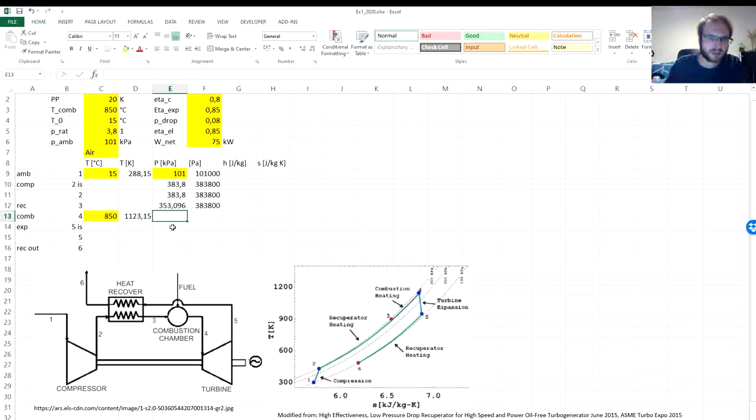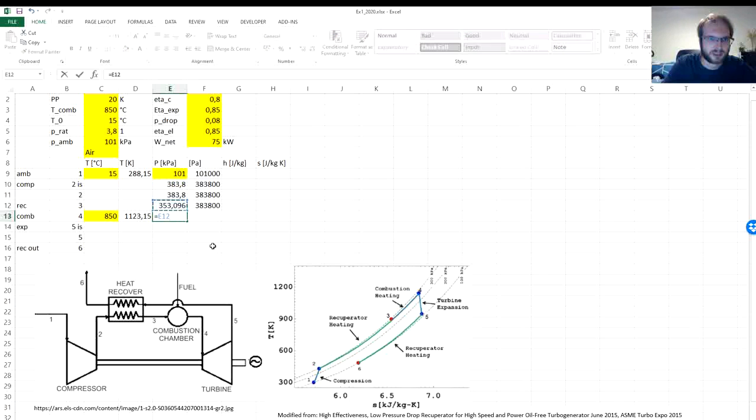Now the same thing can apply for the combustion chamber if we would assume that there would be pressure loss, but let's simplify in our situation that the main pressure loss is happening in the recuperator, because it's a heat exchanger with gas and still relatively low pinch points, and high volume of the flow, while the combustion chamber compared to this heat exchanger should have relatively negligible pressure loss.